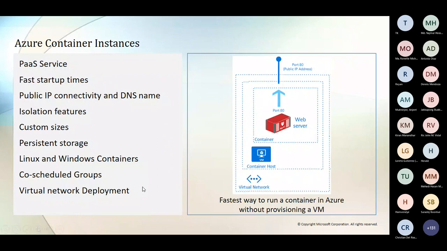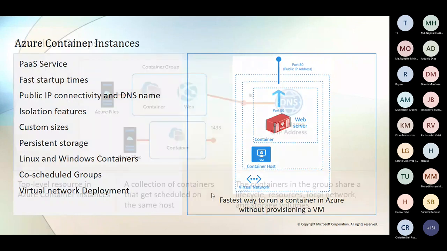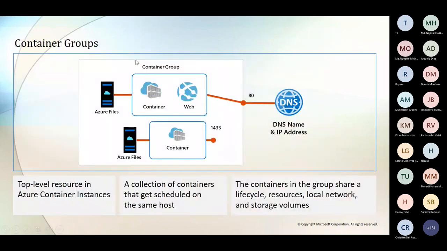So you can make a container group. Suppose these are the Azure files: there is one container group and a second container group which have Azure files. Maybe the code of the Azure files is contained in the web app. You can access this with a DNS name or IP address. It's a collection of containers scheduled on the same host.